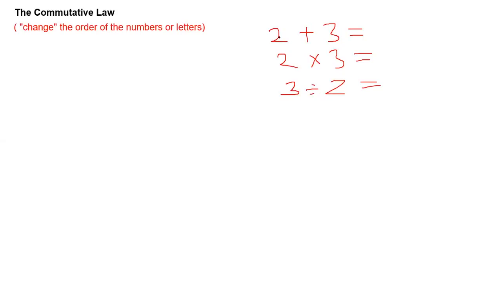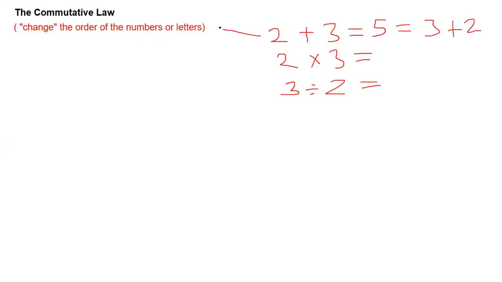Then here when you say 2 plus 3, you get your answer to be 5. So when you change, instead of starting with 2, you start with 3. This side you say 3 plus 2. Are you still going to get 5? If you are still going to get 5, then addition is commutative.